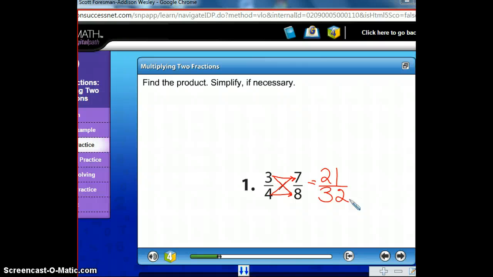Do either one of those go into 32? No. If you can't cross reduce, do you think you'll be able to reduce or simplify your answer at the end? No. All right, so 21/32, that's your answer.